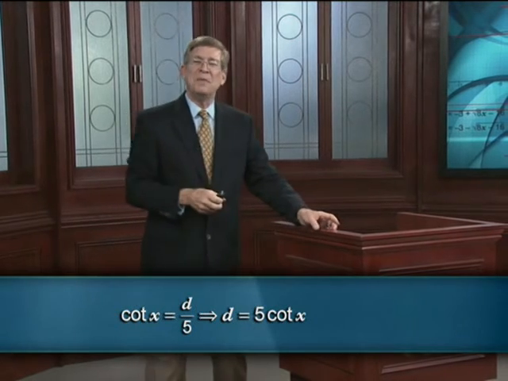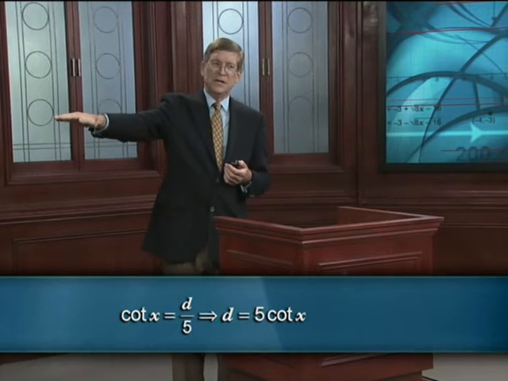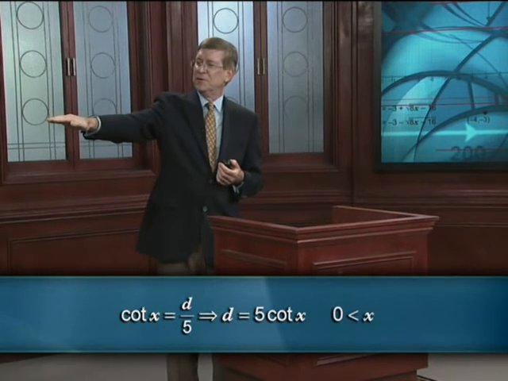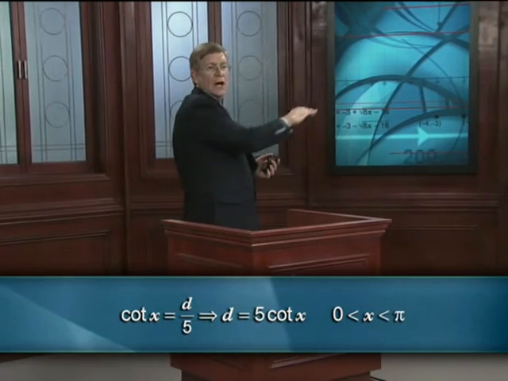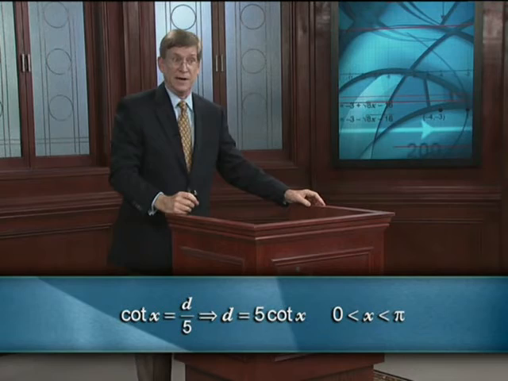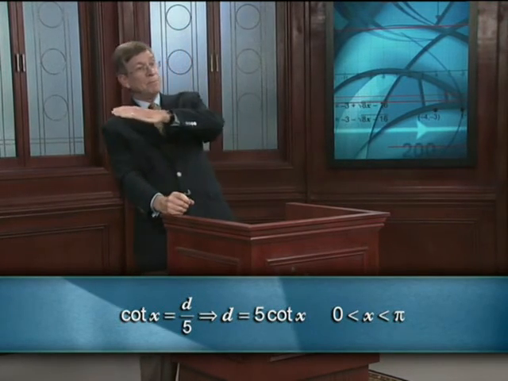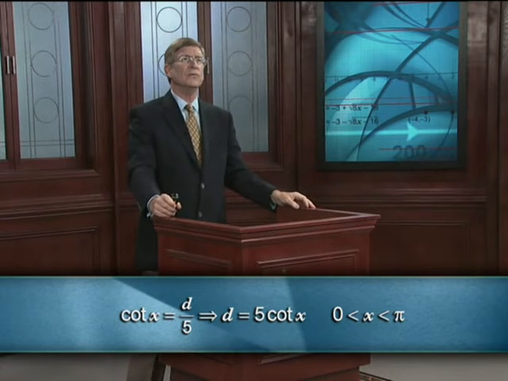What's the domain of this function? Well, the angle x might be close to 0, so x is bigger than 0, and it goes up, and finally it might be pi, or 180 degrees, but of course we're using radians now. In particular, at pi over 2, what's cotangent of pi over 2?